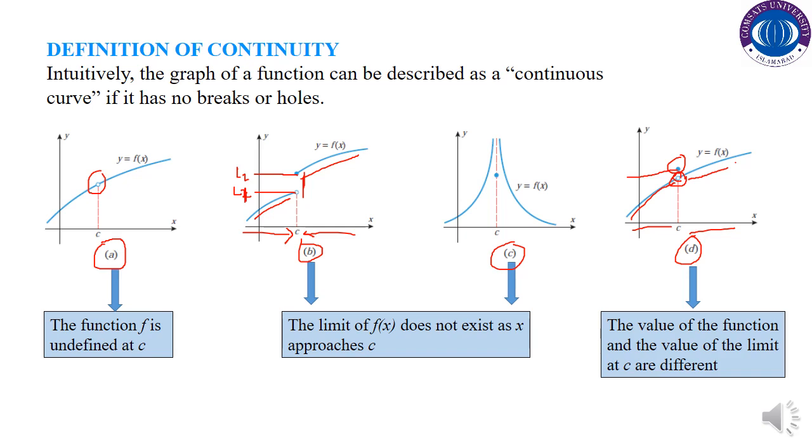Means if a function is undefined at point C, then it is discontinuous at point C. From B and C, if the limit of the function does not exist at any point C, then this function is discontinuous at that point C. From the fourth graph D, if the value of the function at C is not equal to the value of the limit as x approaches C, then this graph is discontinuous.